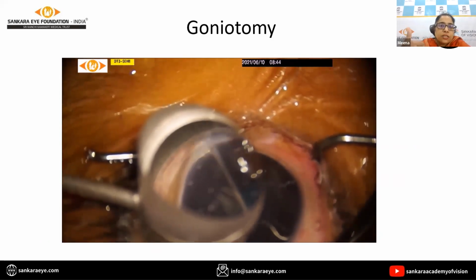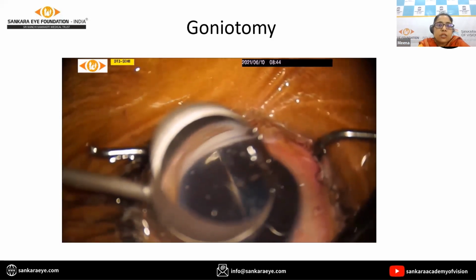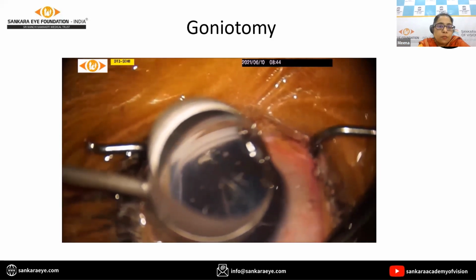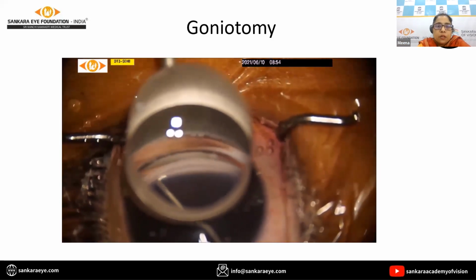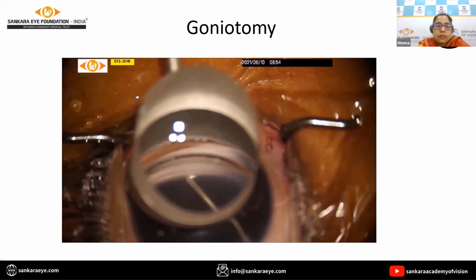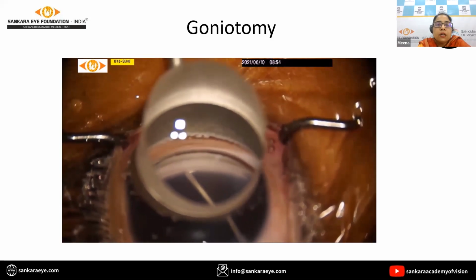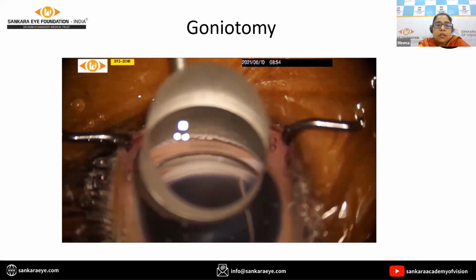The surgeon sits on the temporal side, the nasal angle structures are visualized, and the goniotomy is performed. Then we turn the needle again and perform the other 180. So almost 180 degrees can be covered by sitting on the temporal side.